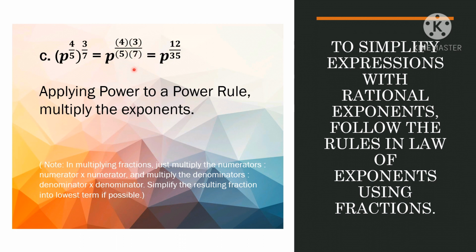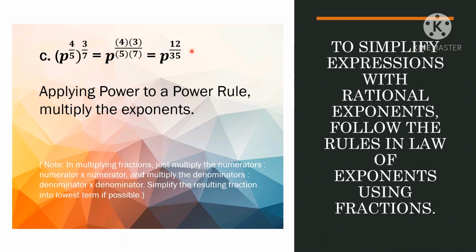So, paano po ba tayo mag-multiply ng fractions? In multiplying fractions, just multiply the numerators. So, numerators to numerators lang tayo, and then denominator times denominator. Kaya dito, 4 times 3, we have 12, and then 5 times 7, that is 35.